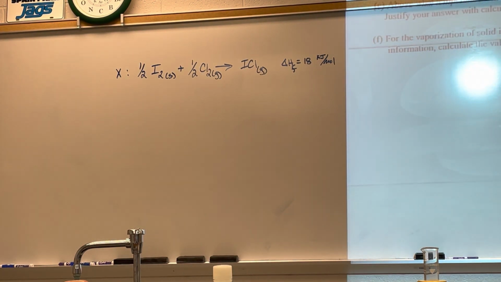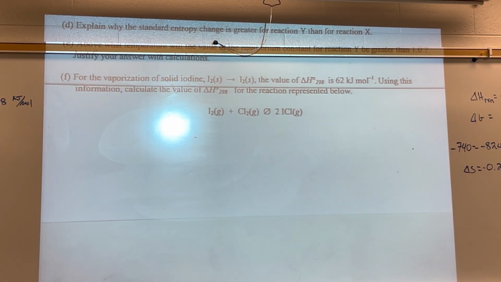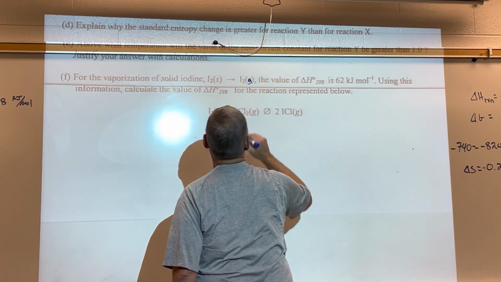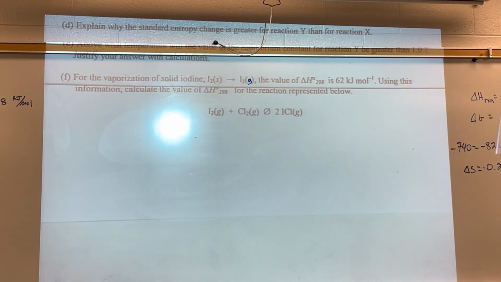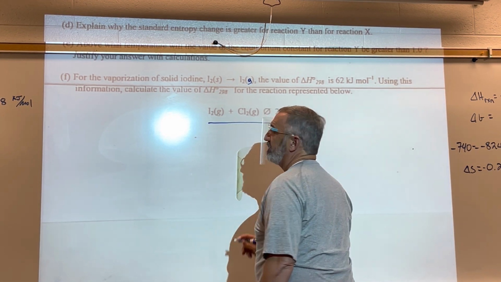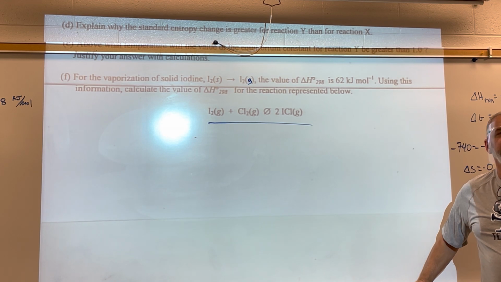So now it says, for the vaporization of iodine, solid iodine to I2, actually, this is supposed to be gas right here. It's a typo. The value of delta H is 62 kilojoules per mole. Using this information, calculate the value for this equation. Any suggestions?